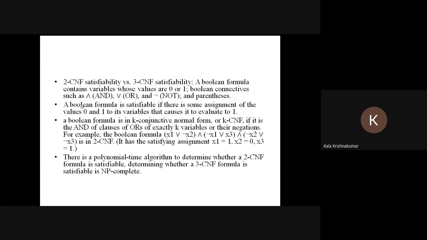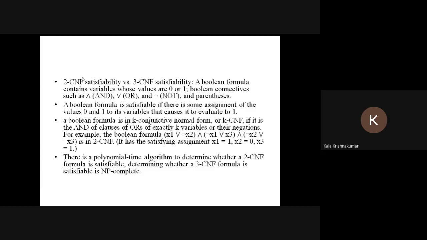Suppose you have three literals x1, x2, and x3, and you can say x1 or x2 or x3. That is a clause because it is a disjunction of three literals. And conjunctive normal form, CNF, means a conjunction of these clauses.